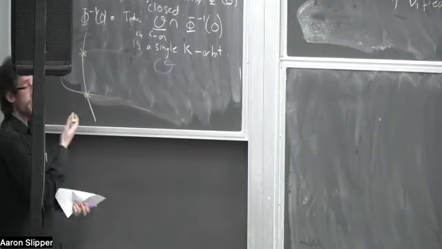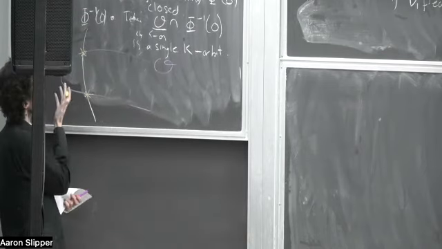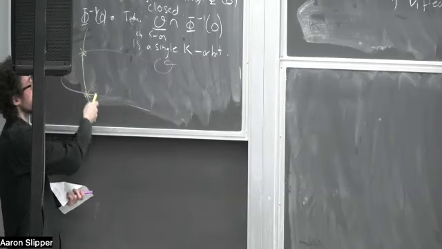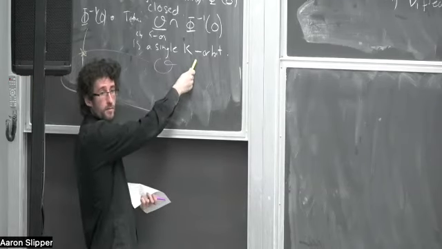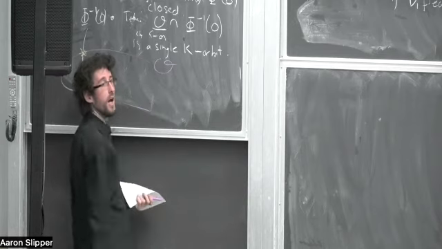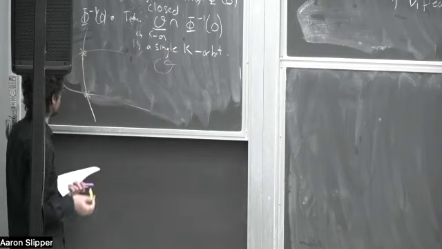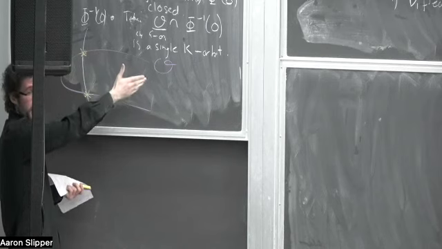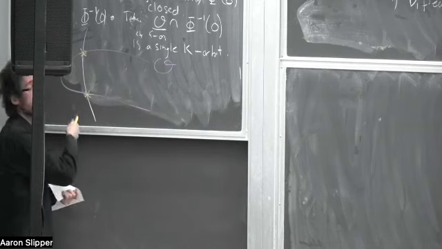Then a priori, those 2 points may not be related by some element inside K. What we want is that if you have 2 points here, they are related by something in K, and so we actually have a single K orbit.